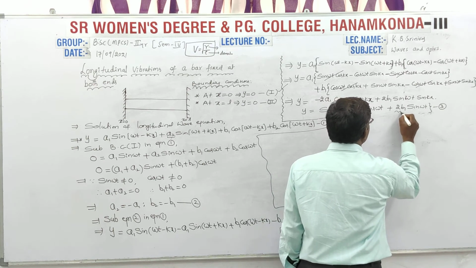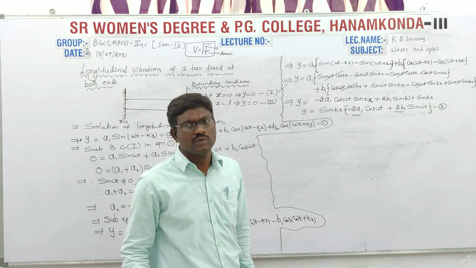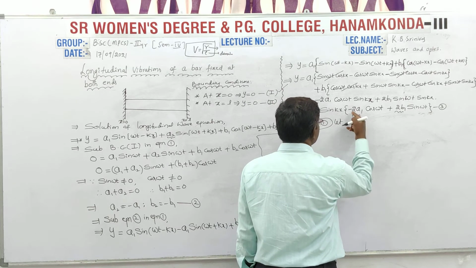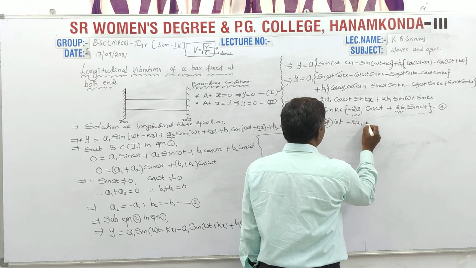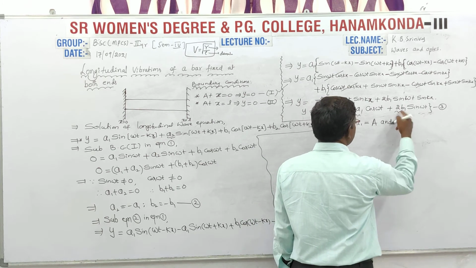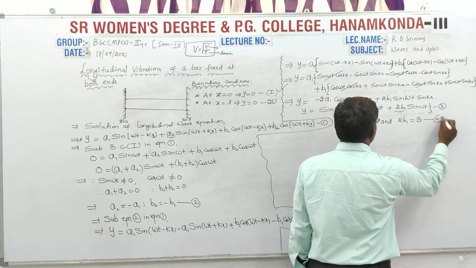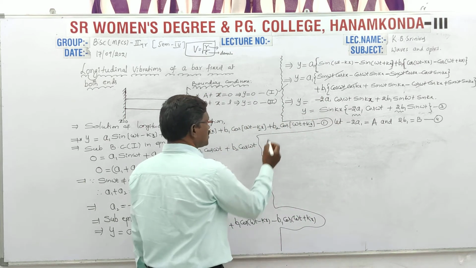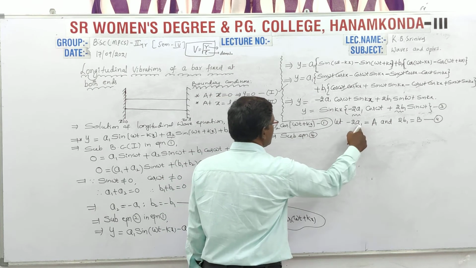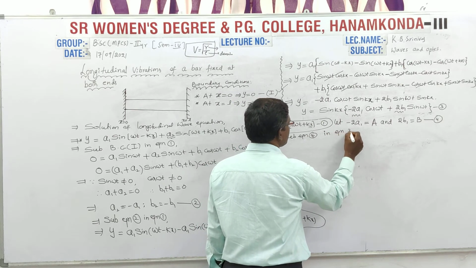See equation 3 carefully. 2a1, 2b1. Actually a1, b1 are constants, so definitely 2a1, 2b1 are also constants. Let minus 2a1 be some constant A, and 2b1 some constant B. Let this be equation number 4. Substitute equation 4 in equation 3.